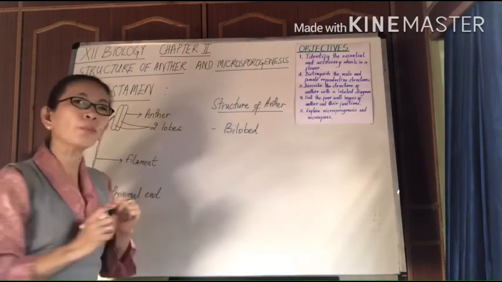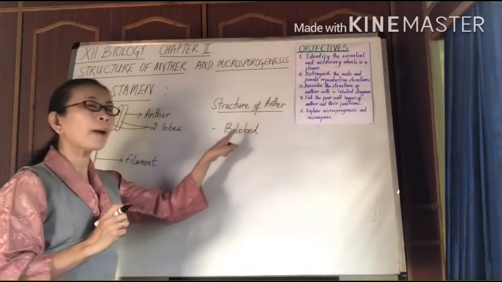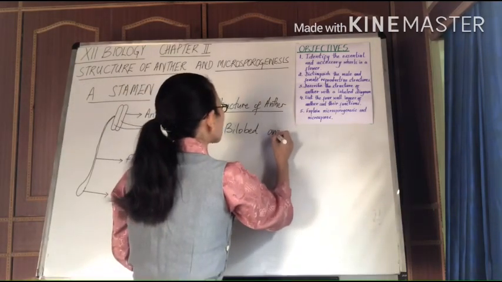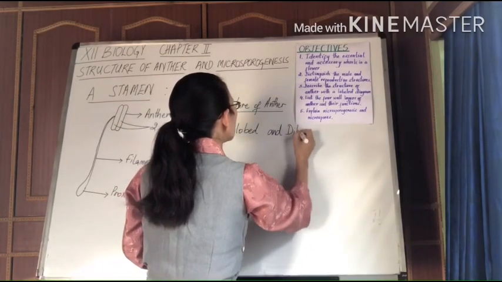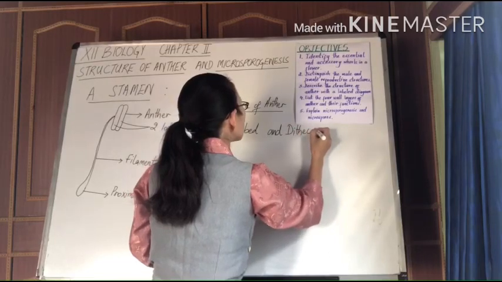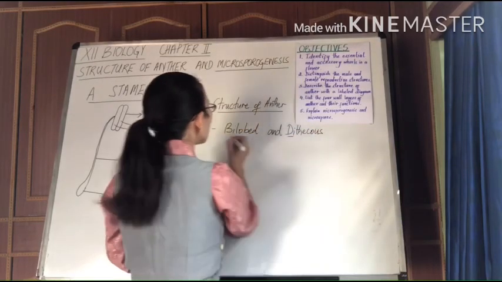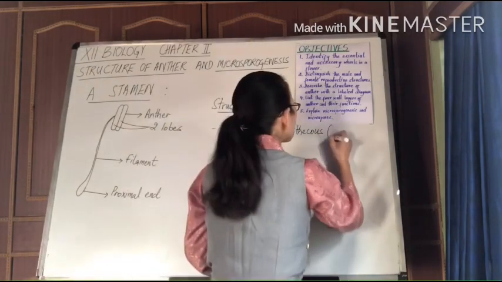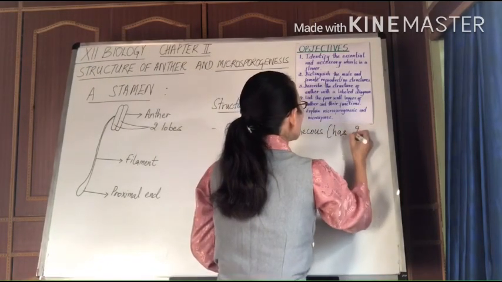Because of this, anthers are not only bilobed, they are said to be dithecous. So anthers are bilobed and dithecous. Alright, which means it has two theca.